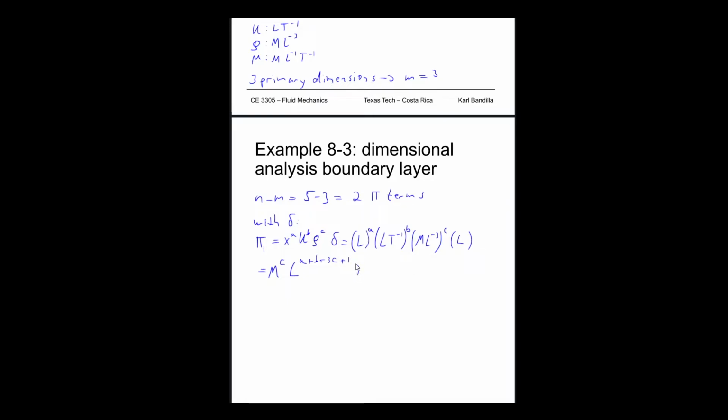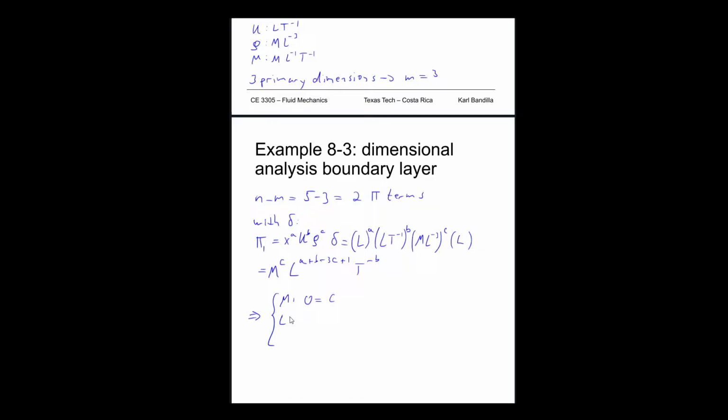And then for T, we have minus b. And that's it. I already easily see that M and T have to be 0, but let's write it down formally. For M, we get the equation 0 is equal to c.